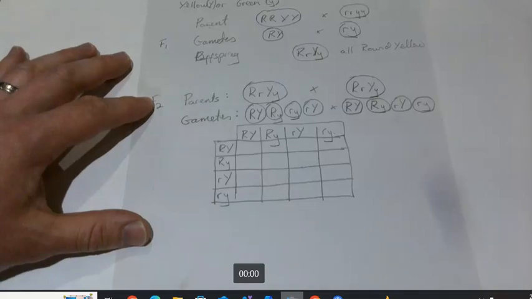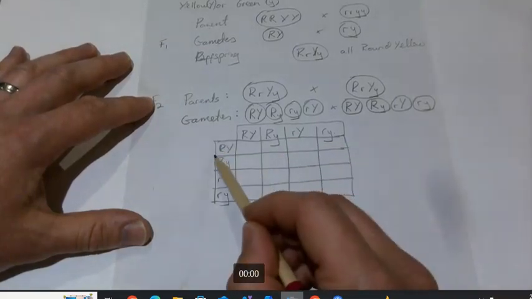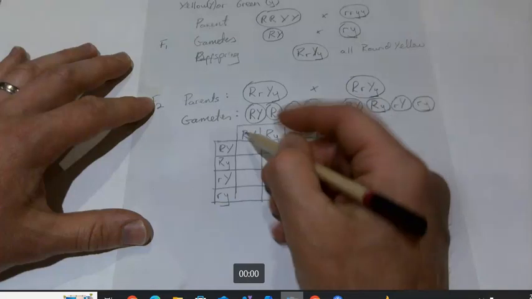Okay, so here we have our Punnett square. And now we match. We go across and down to find the matches.